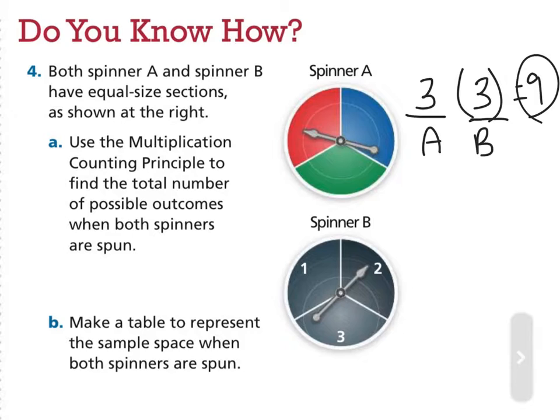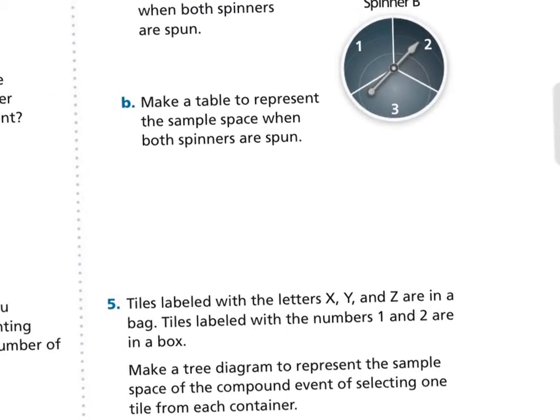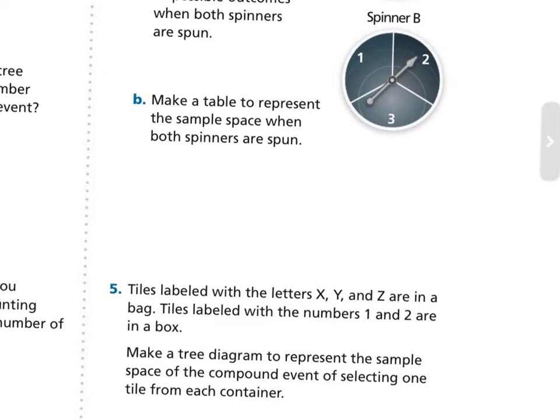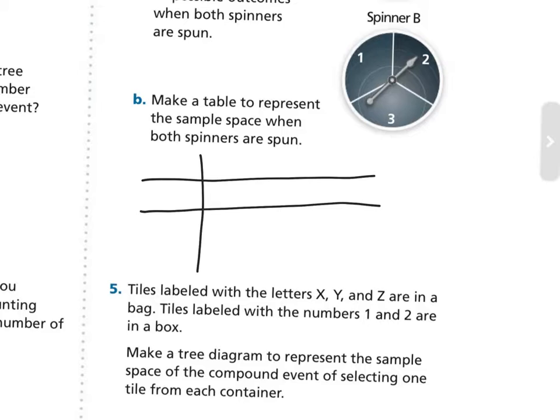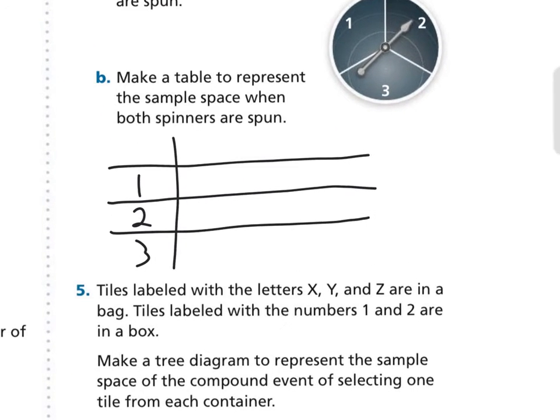Okay. Part B says make a table to represent the sample space when both spinners are spun. So making a table, we can kind of look and put on the outside the different options. So maybe on the sides here, if we put our numbers, let's say we got 1, 2, and 3, and then we've got red, blue, and green.